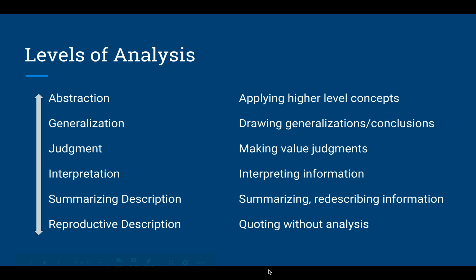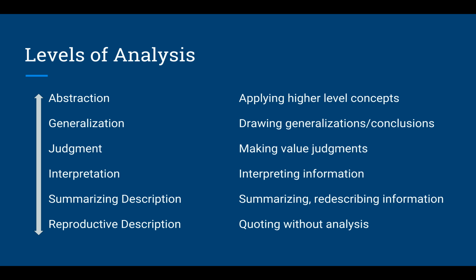Here's another way of looking at analysis, like the onion of critical analysis. At the most basic level, we have just reproducing descriptions, such as quoting without analysis. The next level, we have summarizing description. So this is a little bit more advanced. You're actually summarizing and redescribing information.